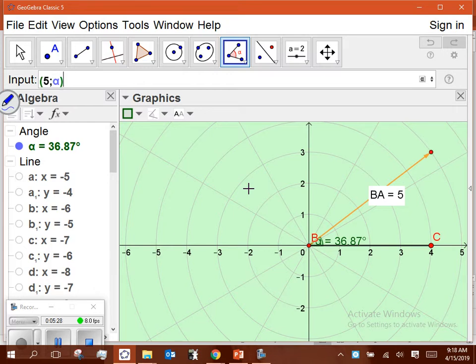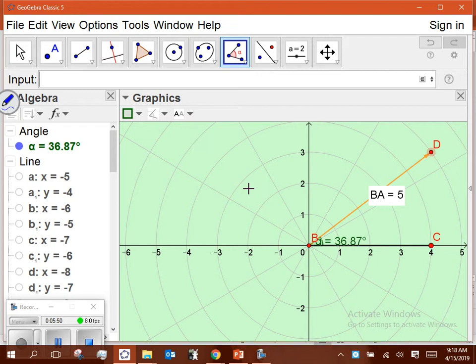That would be analogous to typing in 36.87 degrees for that second coordinate. Does that make sense? And when I hit enter, do you see where it put point D? Is that the exact same location that point A was? Okay. So we have two different ways of getting from B to D or to A there.